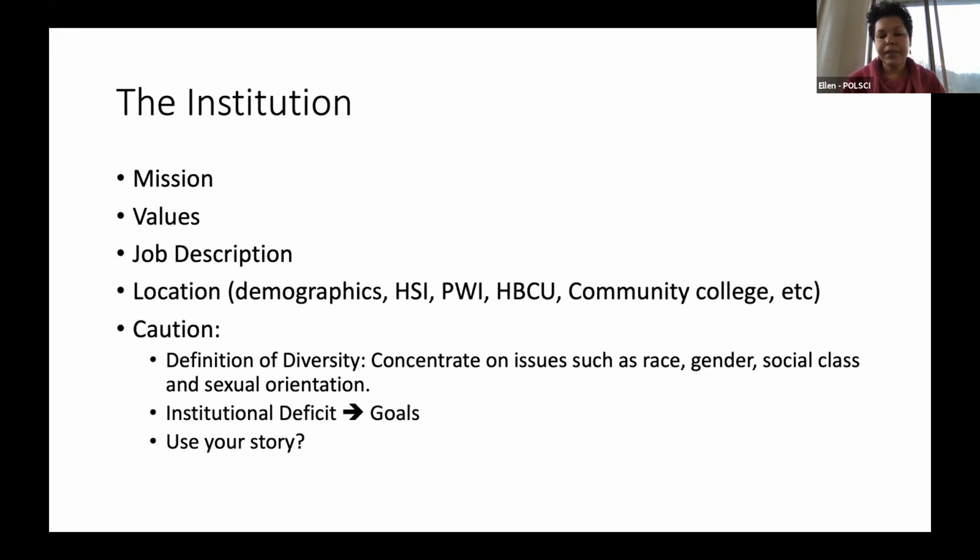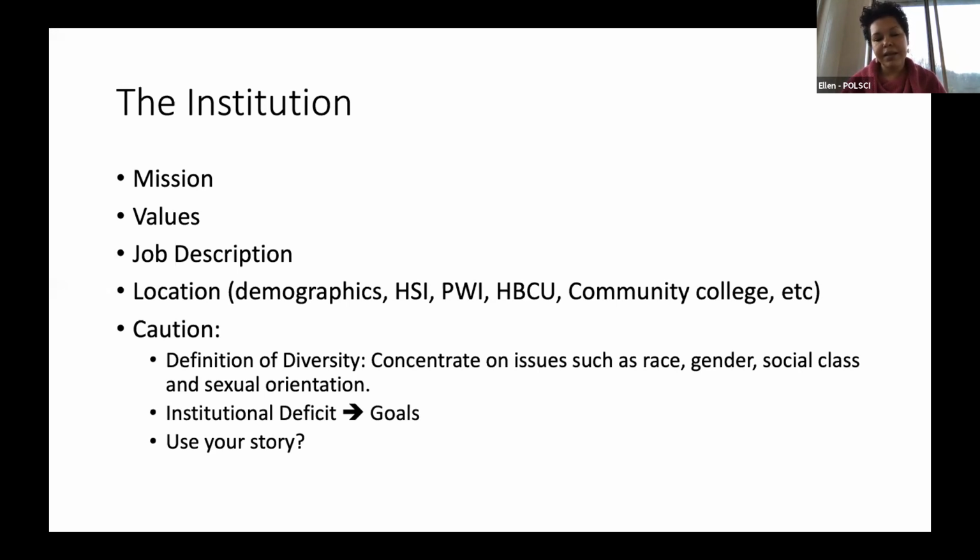Again, you might be able to identify institutional deficits in the ways they might be mishandling diversity initiatives, for example, focusing on equality instead of equity. So focus on the goals and on how you can contribute to achieving them.